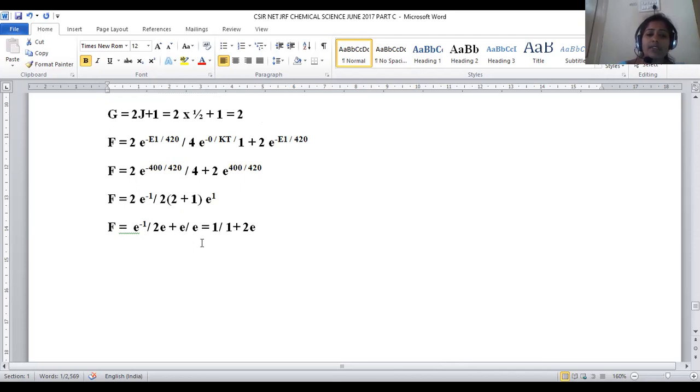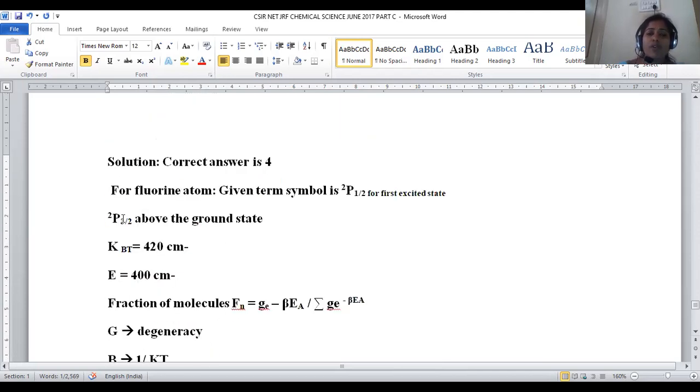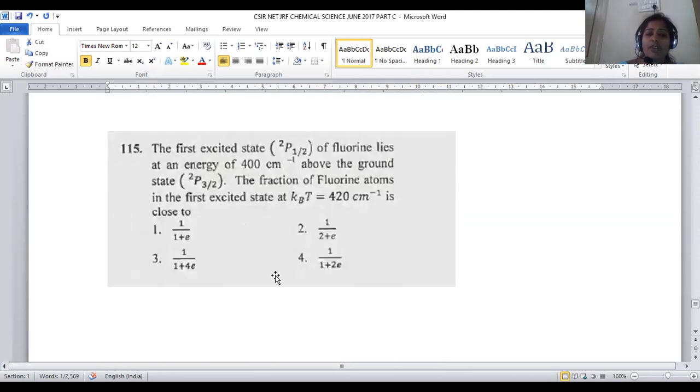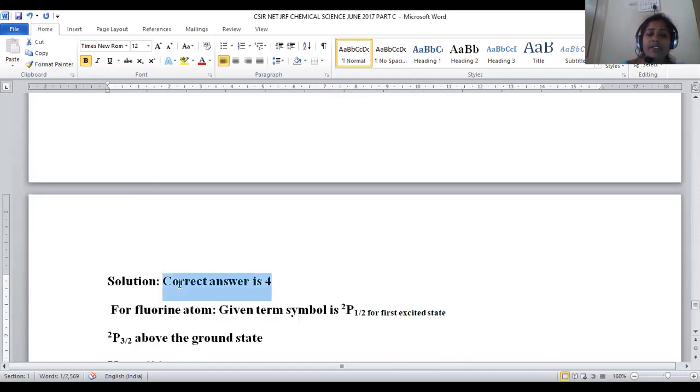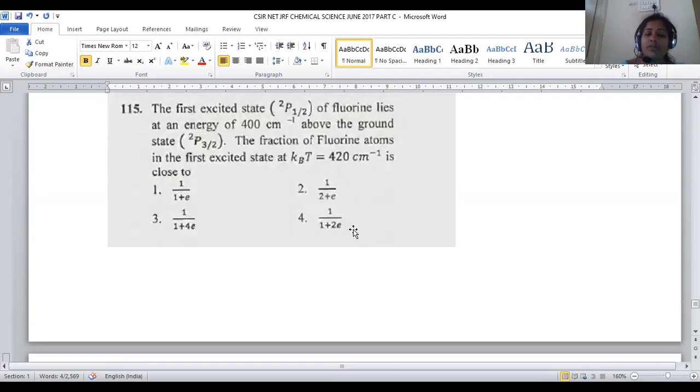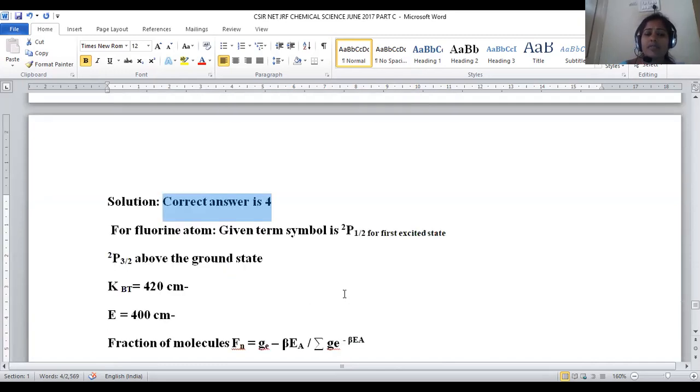So e gets cancelled. That's why it will become 1 itself. So 1 by 1 plus 2e is the F value, the fraction of fluorine molecule, given as 1 by 1 plus 2e. That is given in option number 4. In option number 4, this value is given. So for question number 115, option number 4 will be the right answer.